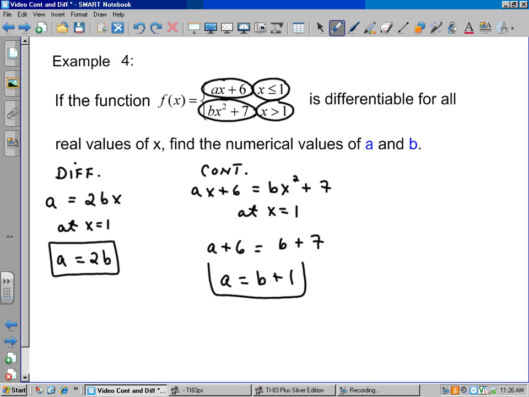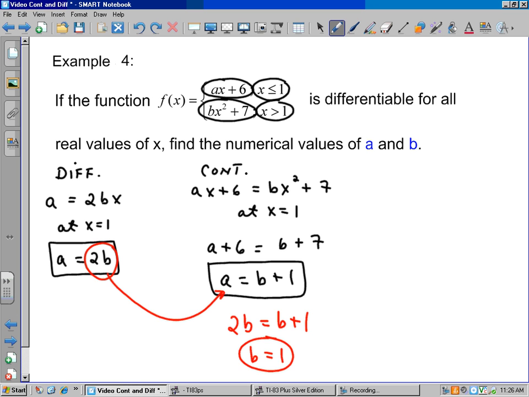And now what I can do is use substitution. I could take 2b and substitute it in for a. So that'll allow me to get b equals 1. And once I get b equals 1, I can go back to any of the other equations and figure out that a has to be 1 plus 1, or 2.